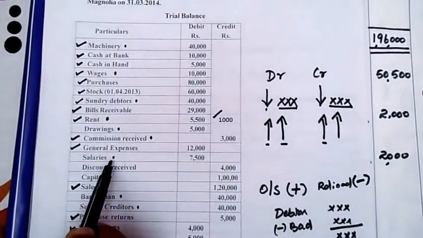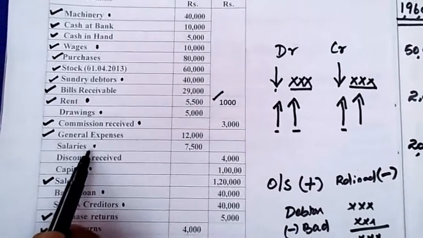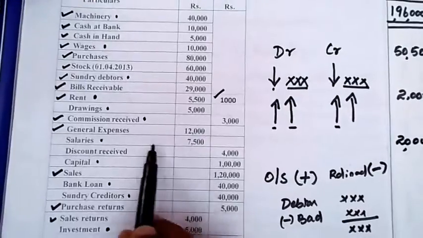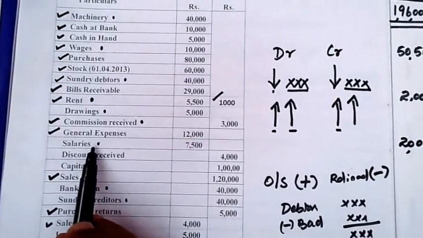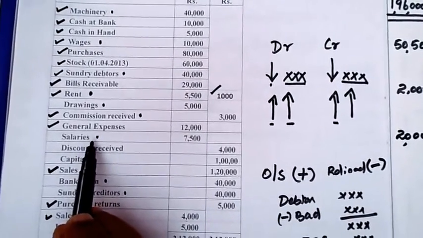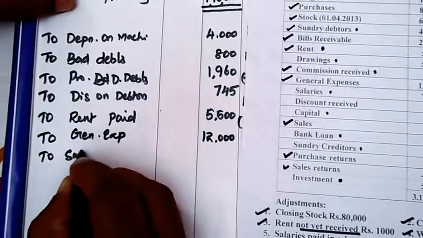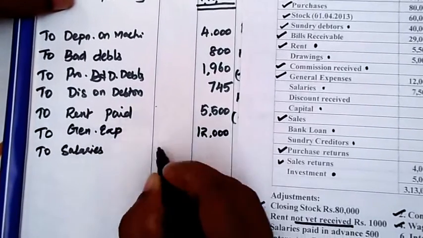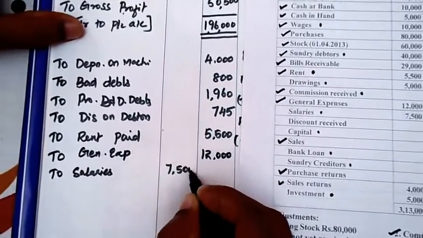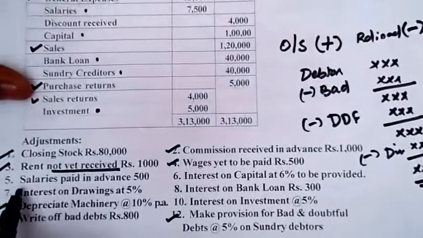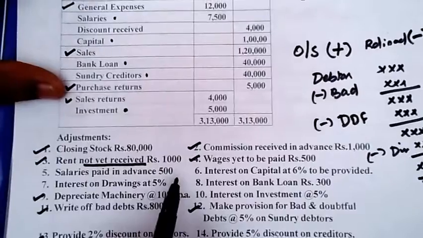salaries. In salaries you have to refer adjustment because adjustment is there. Salary is 7,500. Salary is also an expense for the company. It should come under debit side of profit and loss account. Profit and loss account debit side to salaries. How much? 7,500. Just see the adjustment. Fifth one, salaries paid in advance.